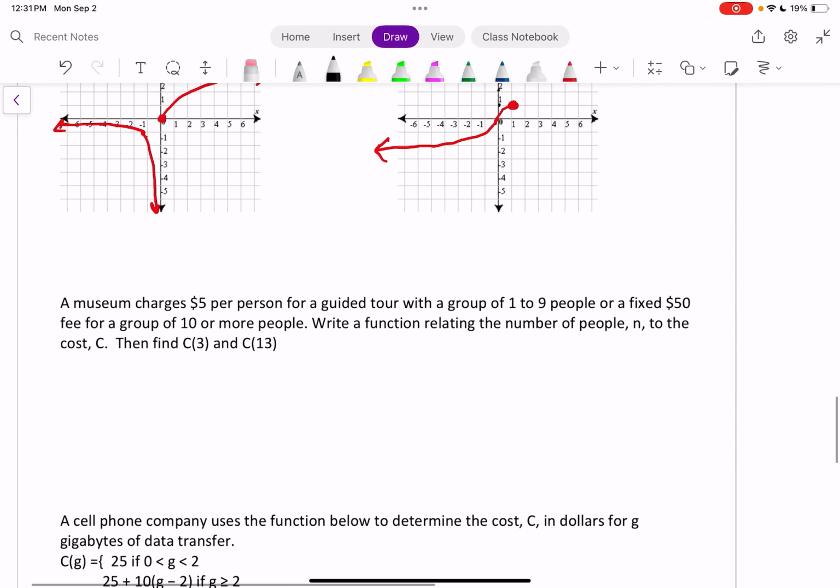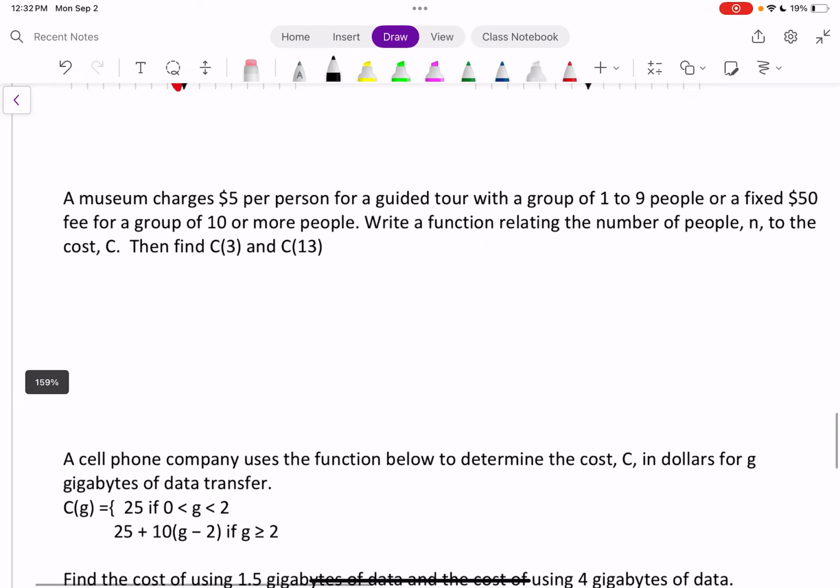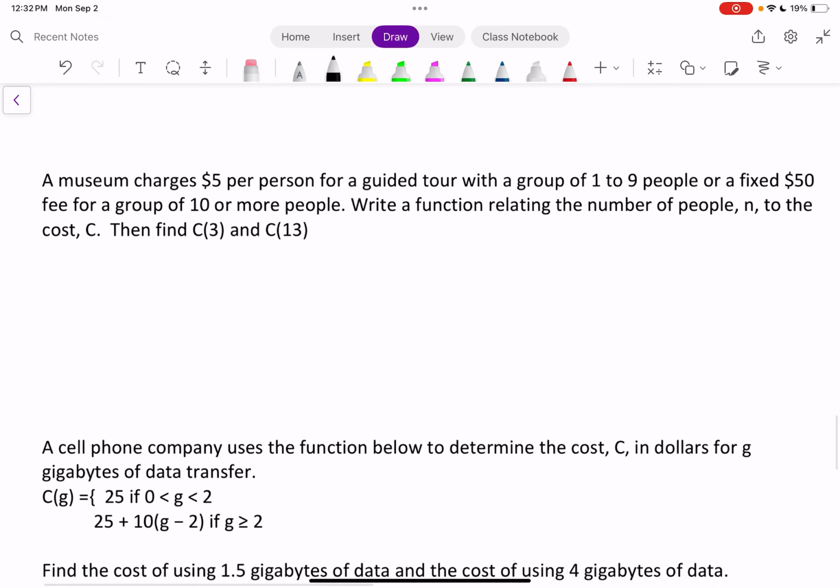Okay, so here are two wordy problems that translate into piecewise defined functions. So this is where the need for piecewise defined functions is coming from. It says, a museum charges $5 per person for a guided tour with a group of 1 to 9 people. So if you're coming with 1 to 9 people, it's going to be $5 per person.